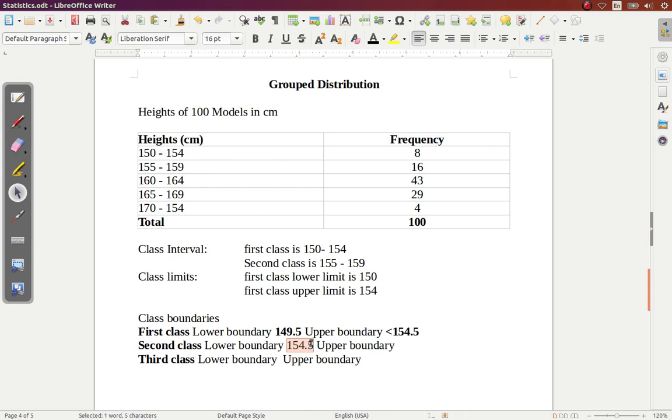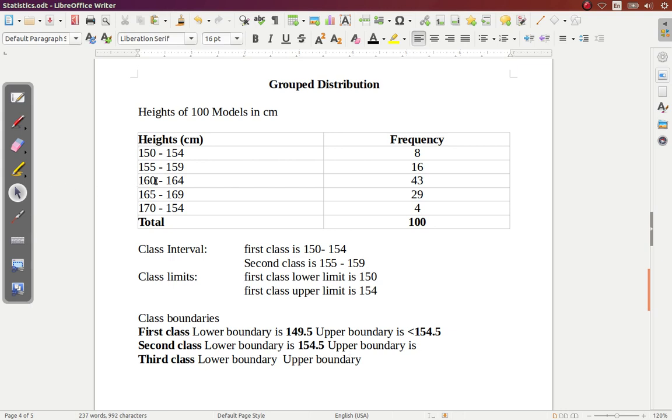So this is the lower boundary. Let me put in my "is". Even though this is maths class, we have to get the English correct. The upper boundary is, what is the upper boundary?